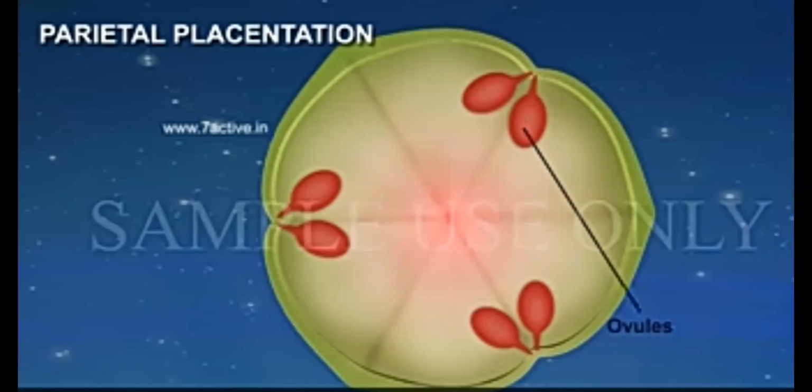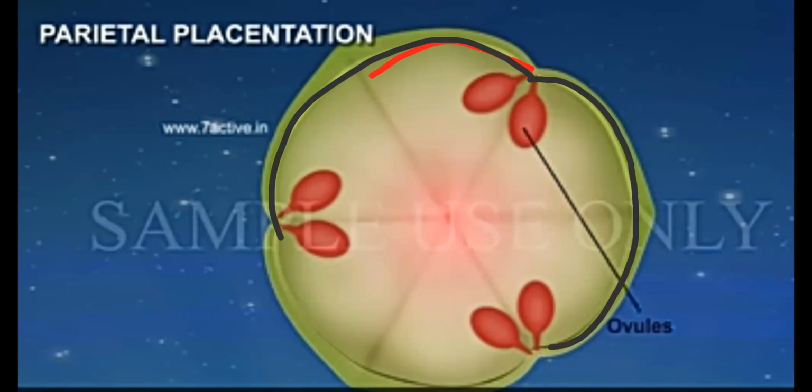Now the third one that we call the parietal placentation. Parietal placentation, in that, see, this is one carpel, then second carpel, and the third carpel, right?